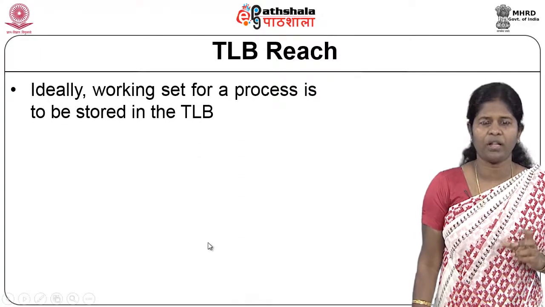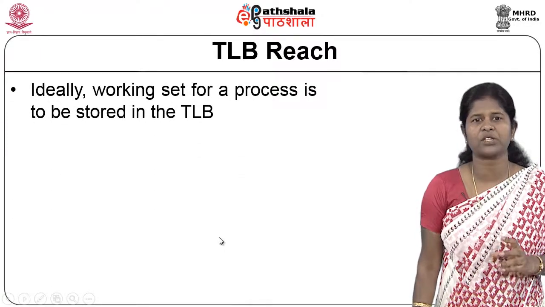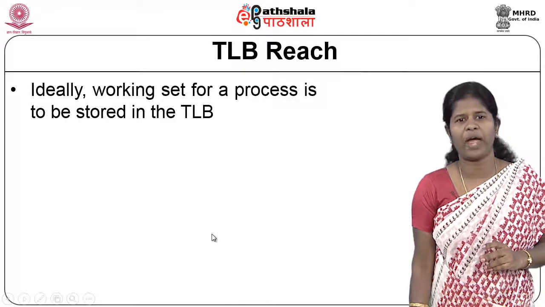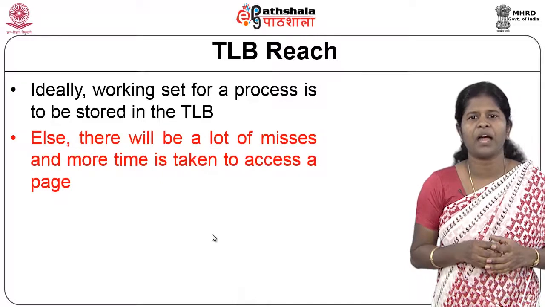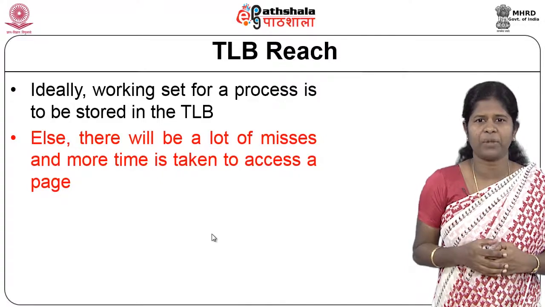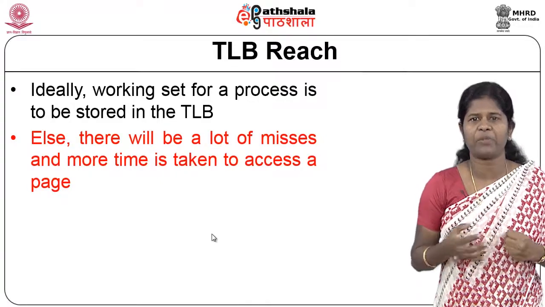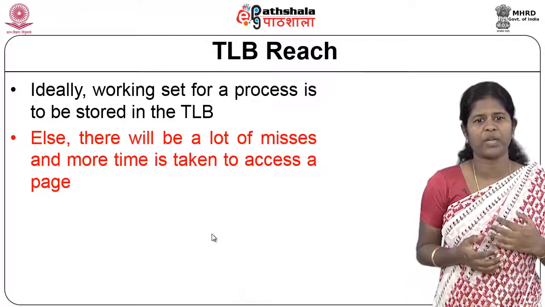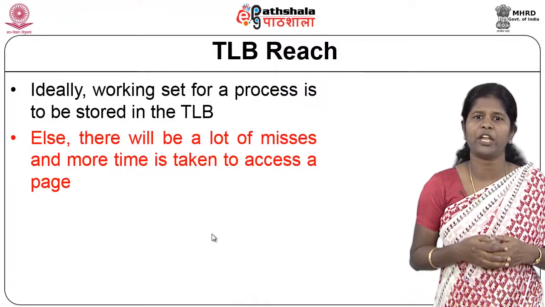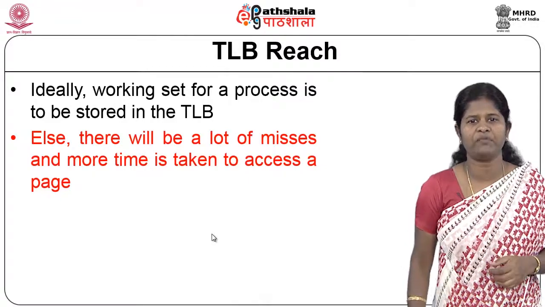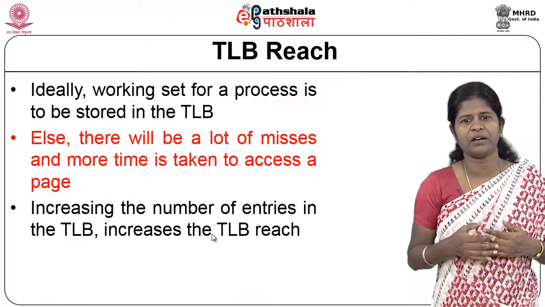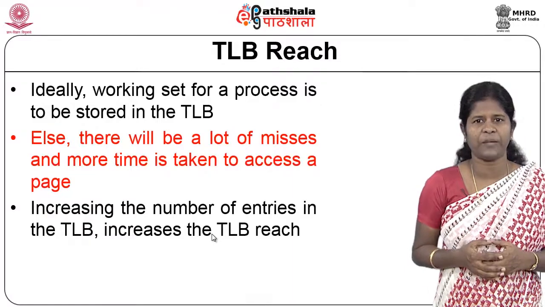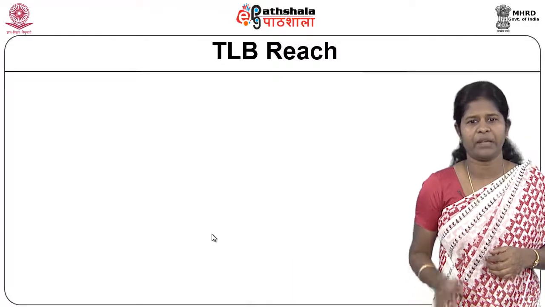That 5 KB is called the TLB reach. So, ideally if you have the working set for a process stored in the TLB, then you can access memory very easily by just looking into the TLB. Else there will be a lot of misses and more time will be taken to access a particular page. So, increasing the number of entries in the TLB will increase the TLB reach.